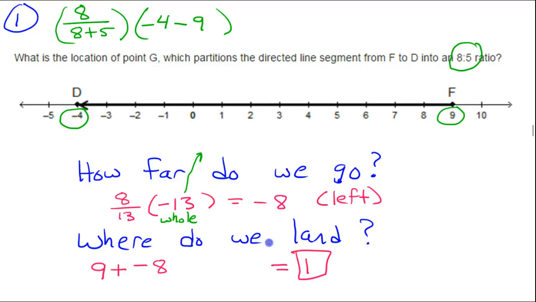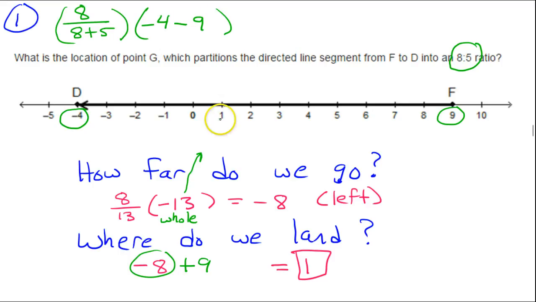But then to answer the question, where do we land, we learned that we could just take our starting point and add this number. So basically, we could have done it the other way around. So we have our -8. If we take that and we add the 9 to it, so basically all this represents the -8, the motion.